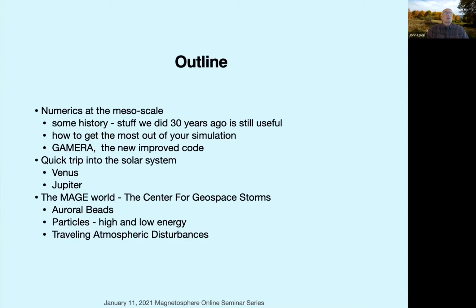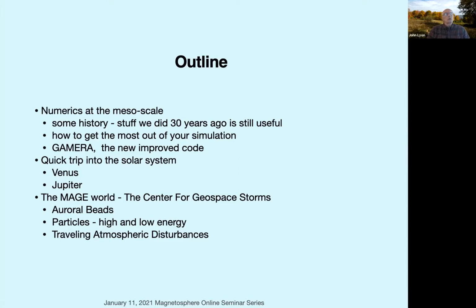I'm going to give you a little bit of history about what we did 30 years ago that's still useful, and how to get the most out of your simulation, our new code Gamera, a quick trip into the solar system, and show you some results from Venus and Jupiter.